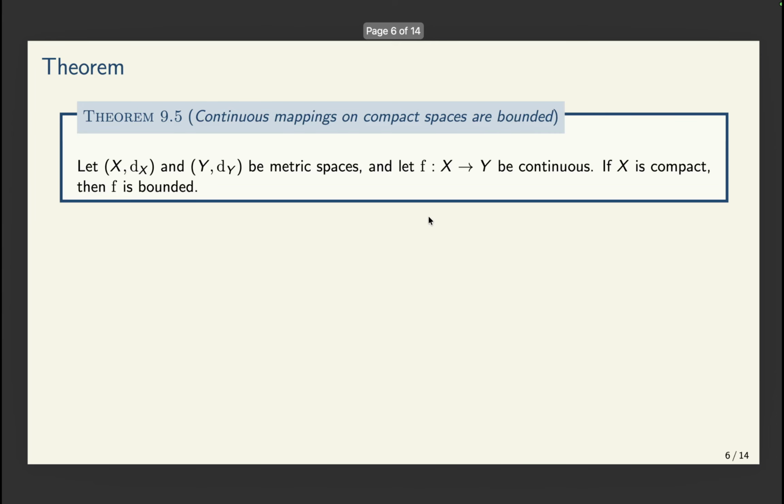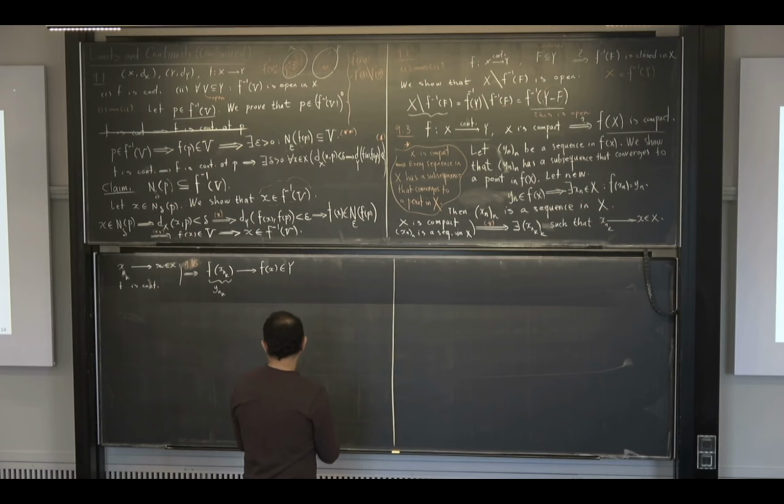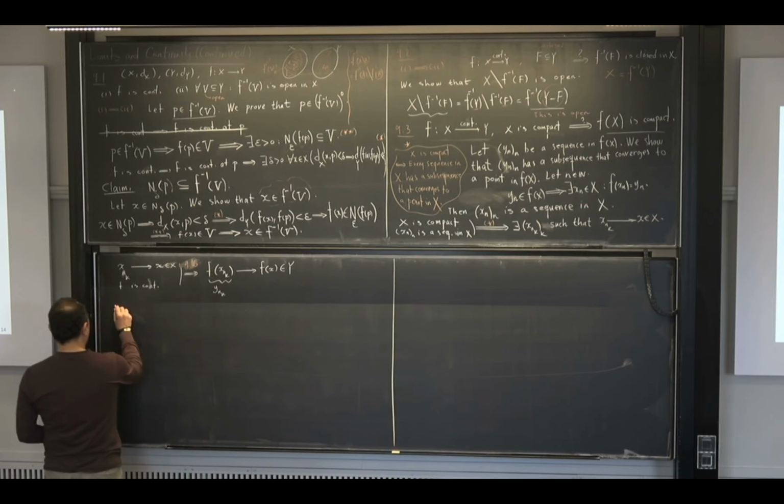But now there are two very important but very simple theorems that I want you to know. If I have a continuous function on a compact set, it is bounded. It's a very, very simple theorem, but a very important one. So let me correct the numbering from now. So this will be 10.5.